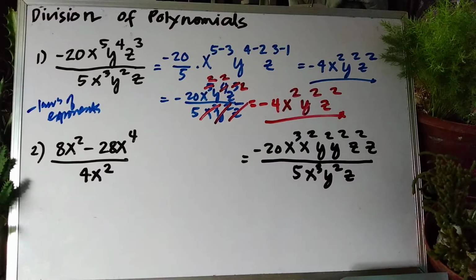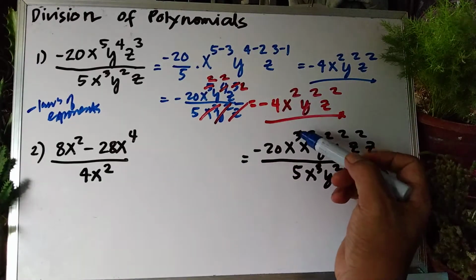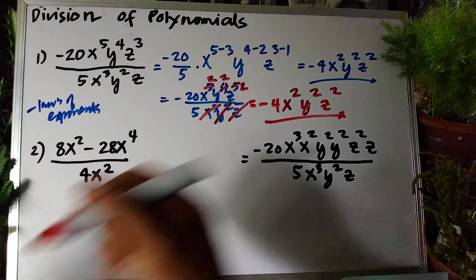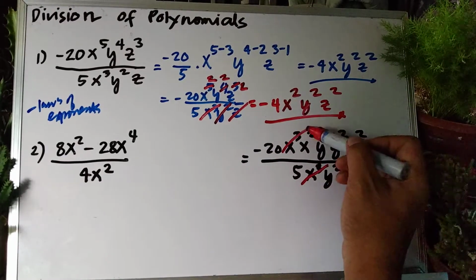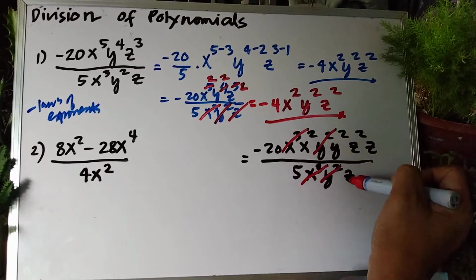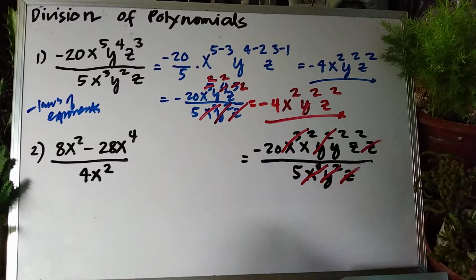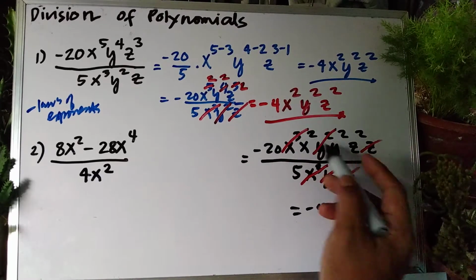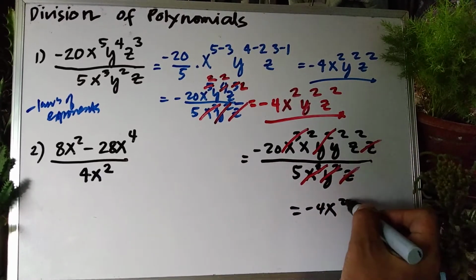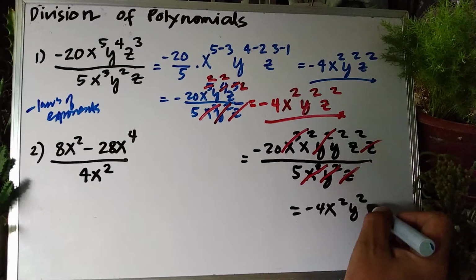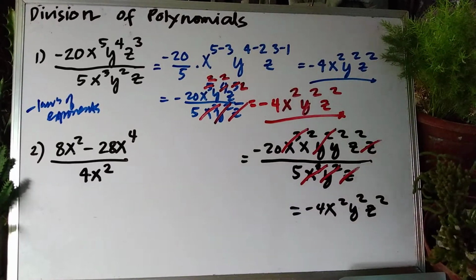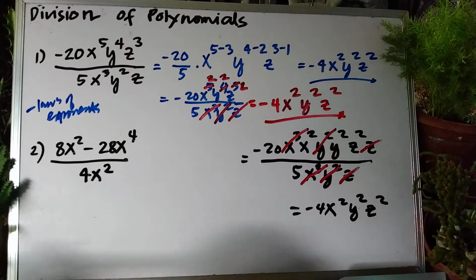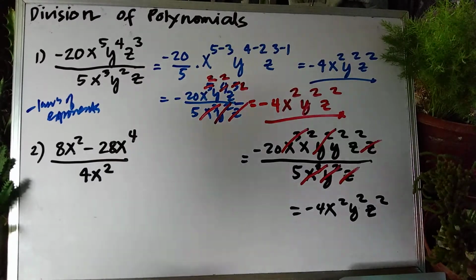So, makakancel mo yung common niya, x cubed, y squared, z. What is left? Negative 20 divided by 5 is negative 4. So, you have x squared, y squared, and z squared. So, the same pa rin. It's up to you on how you would answer that one when you divide a monomial by a monomial.